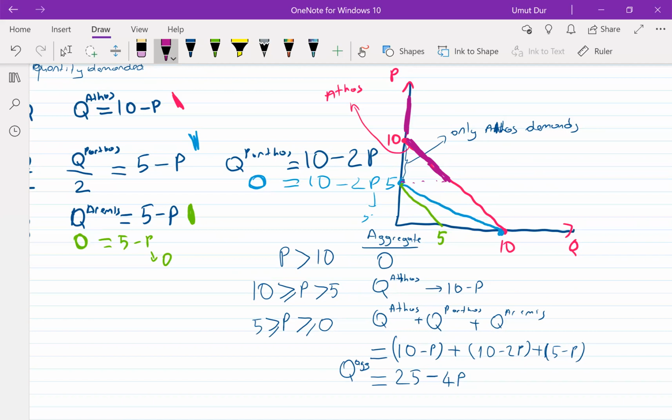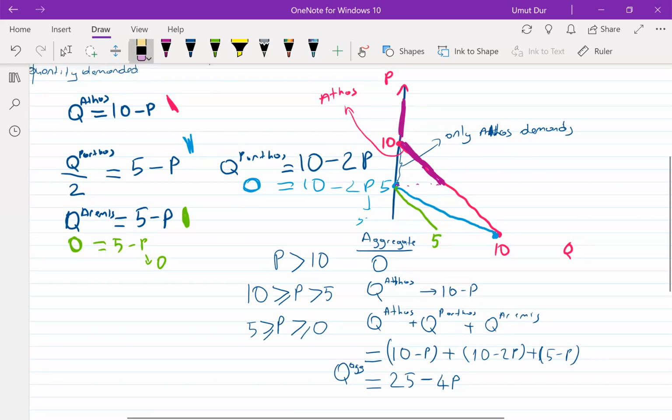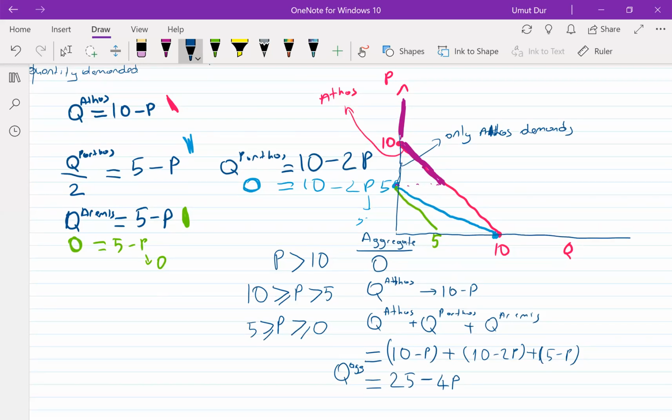And how do I add up all of them? Basically, I find the total maximum demand here. 10 is coming from 2 agents and 5 is coming from 1 agent, so it will add up to 25.